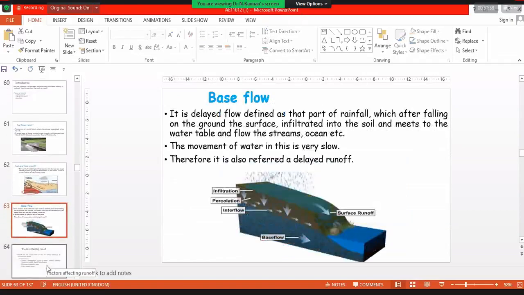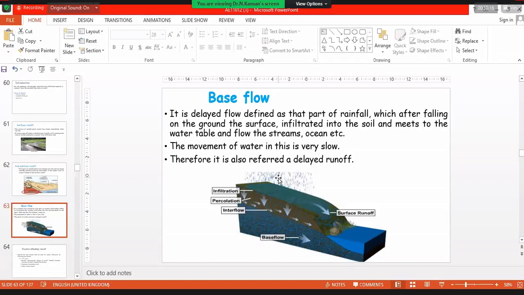Fine. So then we will talk about base flow. There are three types we have already studied. Base flow is delayed flow, defined as the part of rainfall which, after falling on the ground surface, infiltrates into the soil, meets the water table and flows to the streams, ocean, etc. This is touching the water table.